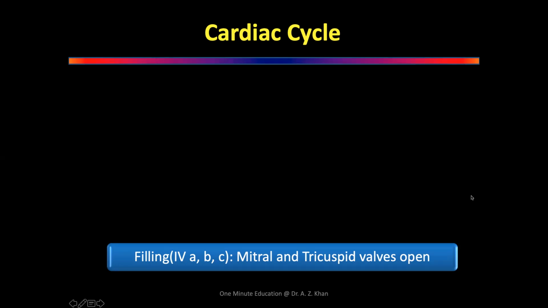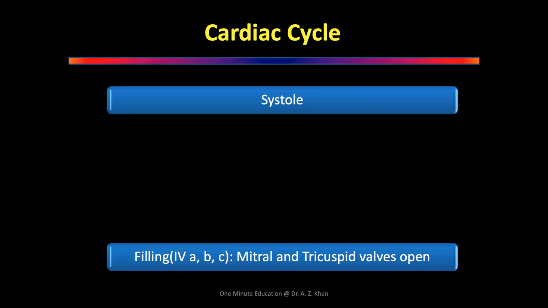I'm sorry, the last part has not got animated. Write them down, write down these answers. So start with systole and tell me what happens in phase 1 to the valves. Which valve opens, which closes?